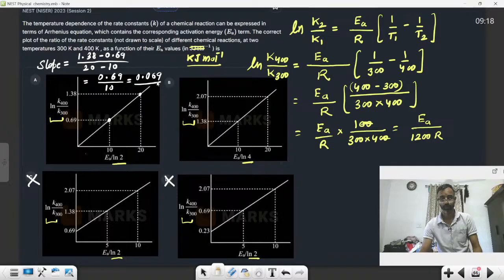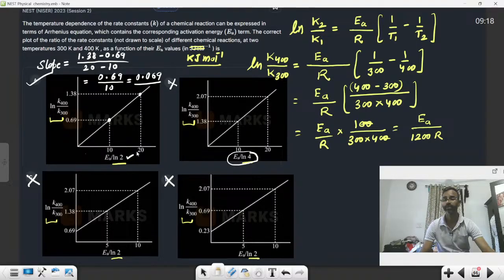So that means A is the correct option. In the other case, it is same plot but with natural log of 4. It is not with natural log of 4, it is with natural log of 2. Slope is 0.069. So option A is correct. Yes, beta.